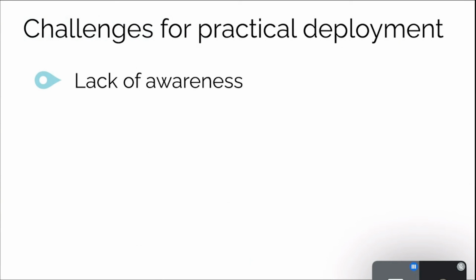Okay, so some of the challenges for more ubiquitous deployment. I guess one challenge is just lack of awareness. There are many blockchain projects, for instance, that use trusted hardware to get privacy-preserving transactions and smart contracts. And they don't use ORAM yet, partly because of lack of awareness.